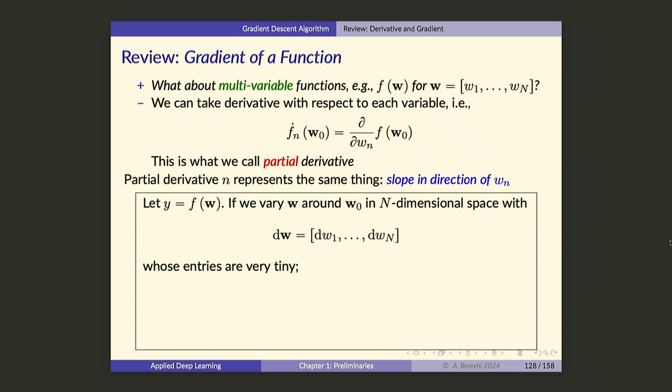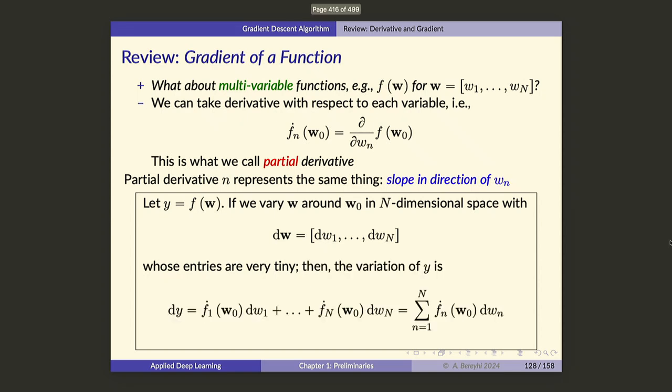So now I have this tiny vector which is moving me in one direction. And now the question is, when I move in that direction, what's going to happen to the value of the function? Say at this point, this is the value of the function, and then I move a bit forward, and the value of the function increases. What is this difference? I want to know that.